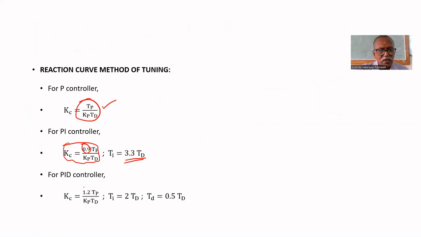For PID controller, this first value has to be multiplied by 1.2, Ti equal to 2 times dead time, and Td equal to 0.5 times dead time. This is for the reaction curve method.